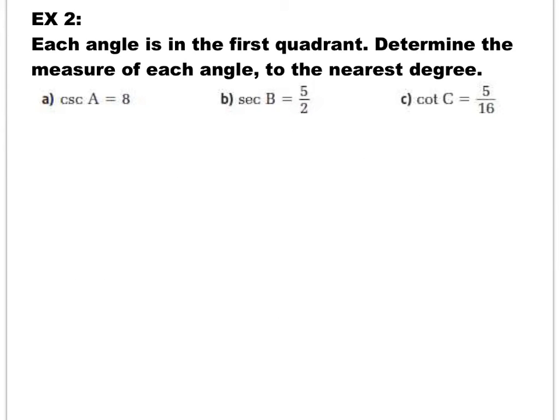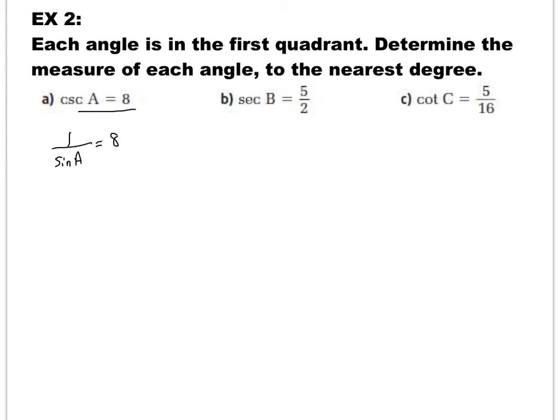The next example, we have cosecant A, or secant B, or cotan C given. We are supposed to find the measure of each angle. The first one is cosecant A is 8. We know that cosecant is 1 over sine A. So we say 1 over sine A is 8.